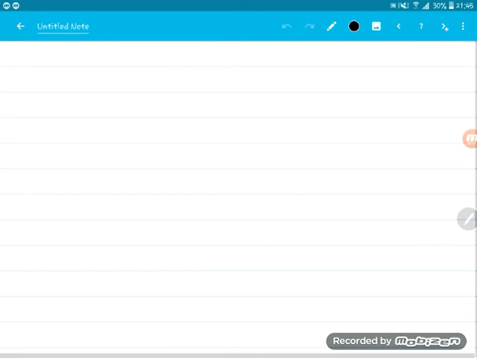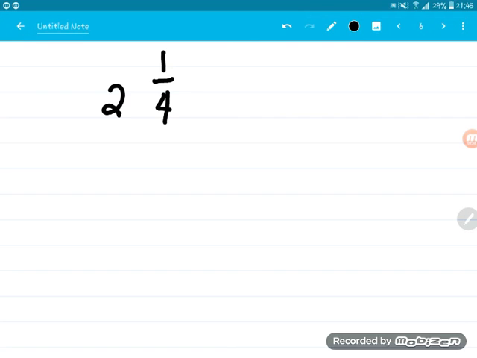Okay? What if we have a mixed number? For example, 2 and 1/4. So this time, a mixed number is no longer between 0 and 1 because there is already a whole number. Okay? So in this case, our whole number tells us that the location of our fraction is greater than the whole number that we have.